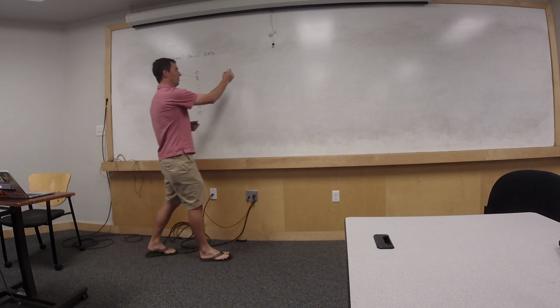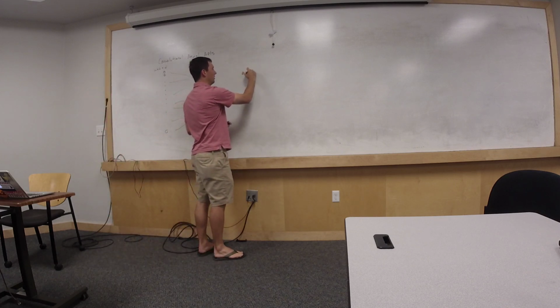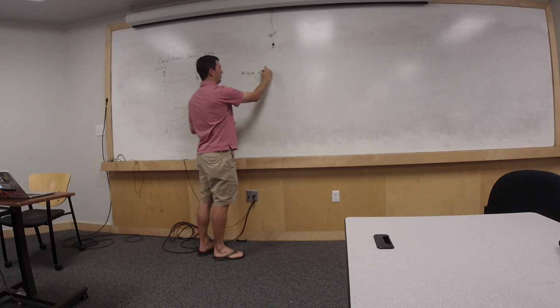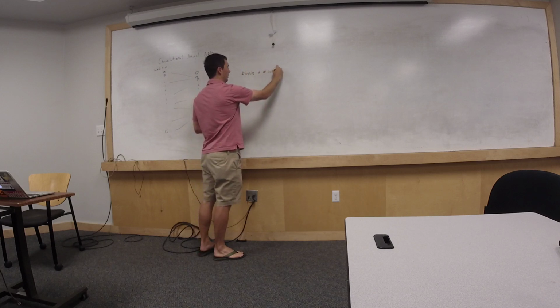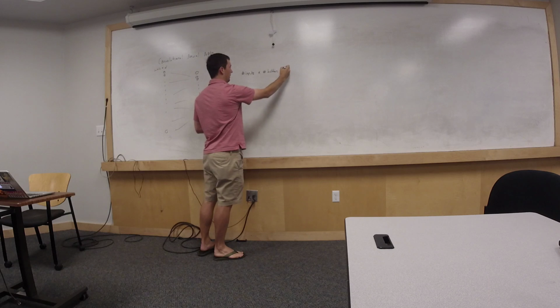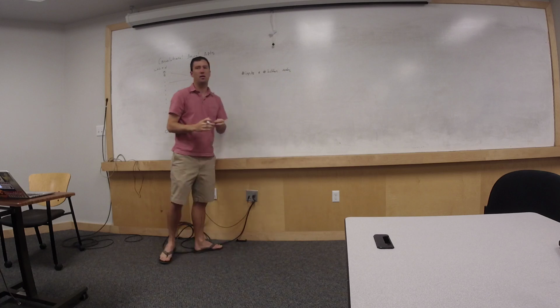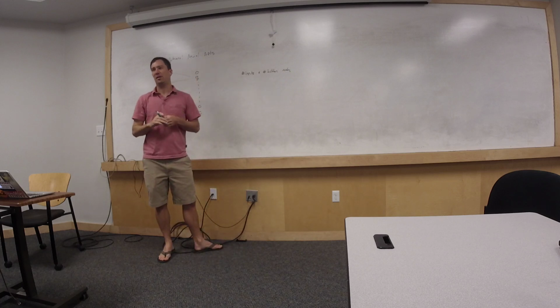Well, it's going to be my number of inputs times my number of hidden nodes. If they're the same and I start with 3 million, I end up with 9 trillion weights.